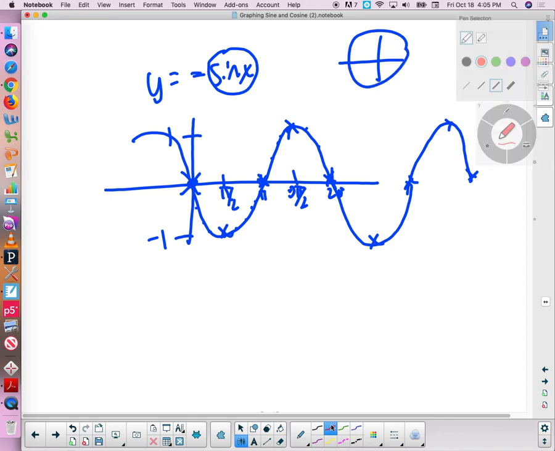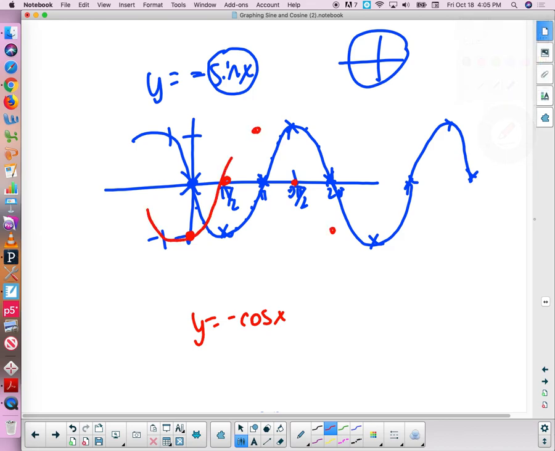By the way, if it was y equals negative cosine x, cosine of 0 is 1, it would start at negative 1 and go like this. And I want to go back to what a regular cosine graph looks like, because I didn't show you something about that.